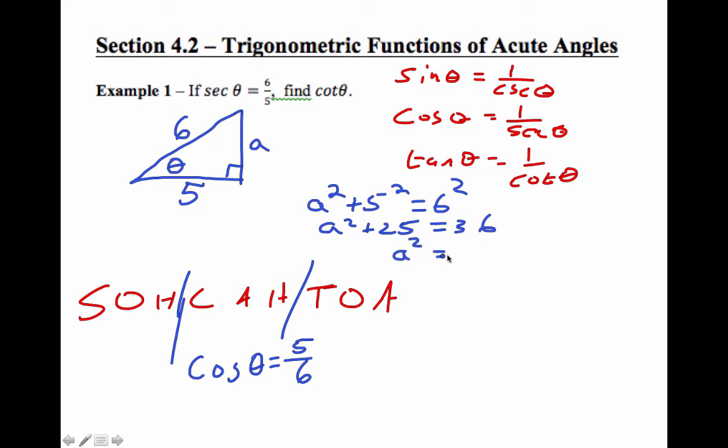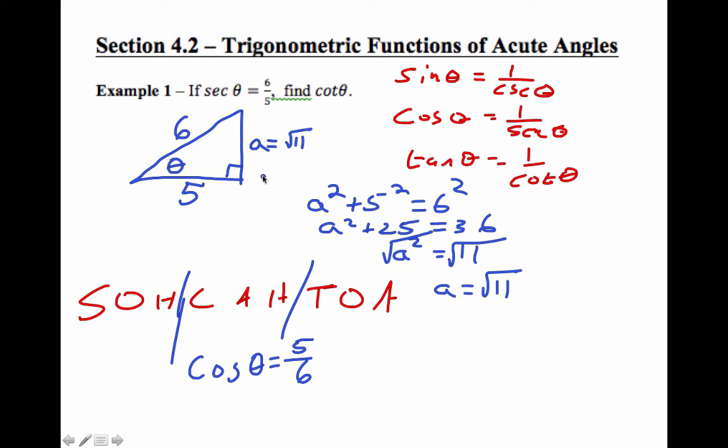A squared is 11. And when I square root, since we are dealing with distances on a triangle, I do not need to worry about plus and minus. So this is the square root of 11.